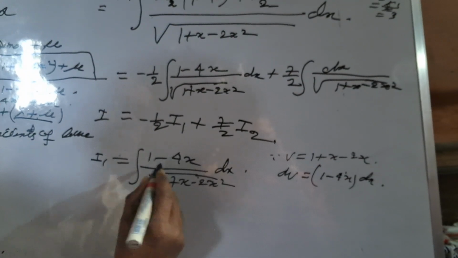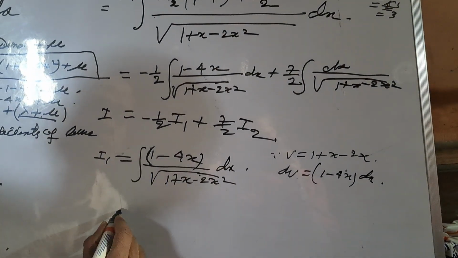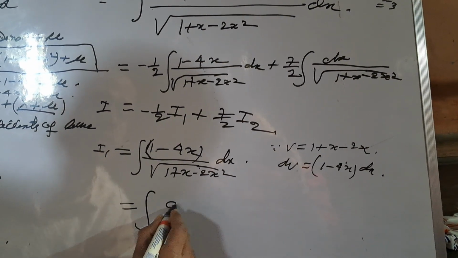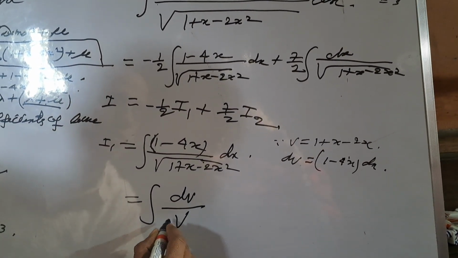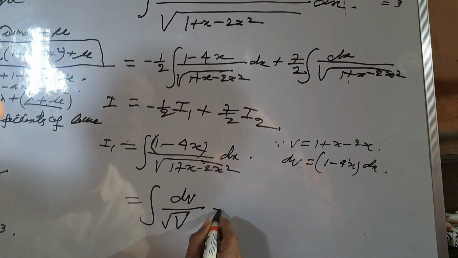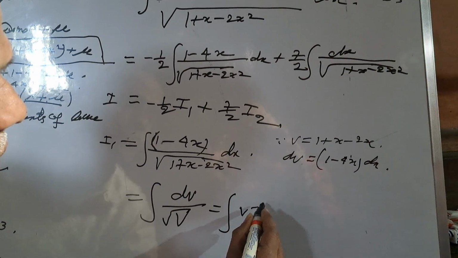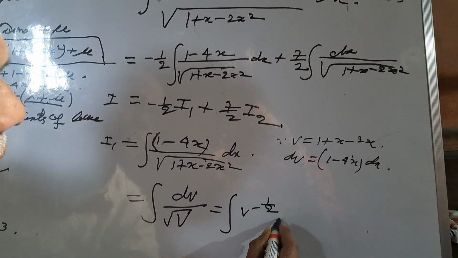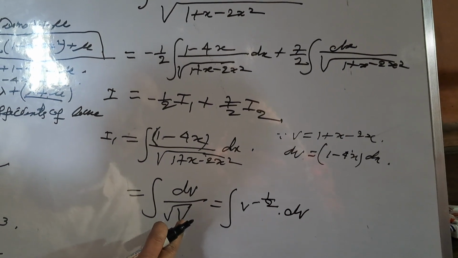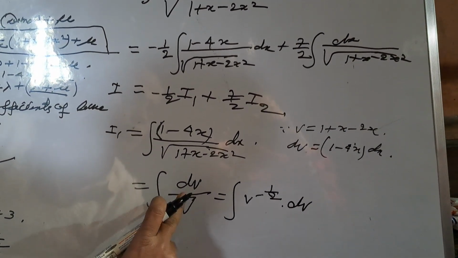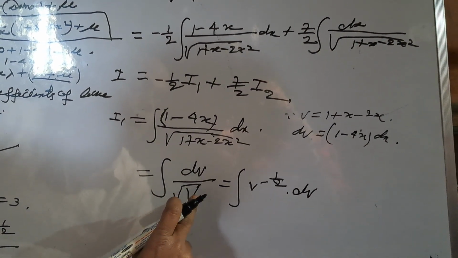So directly I get 1 minus 4x dx equal to dv, and this becomes v to the power minus half dv, because the under root sits in the denominator; when it goes to the numerator, the power becomes minus half.